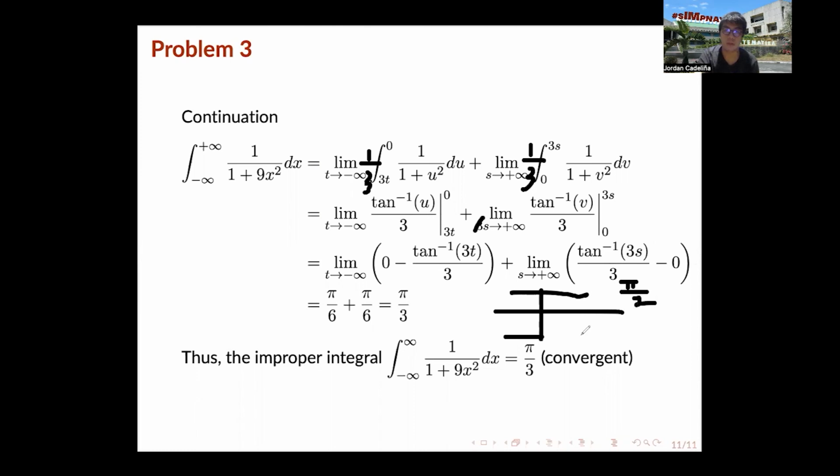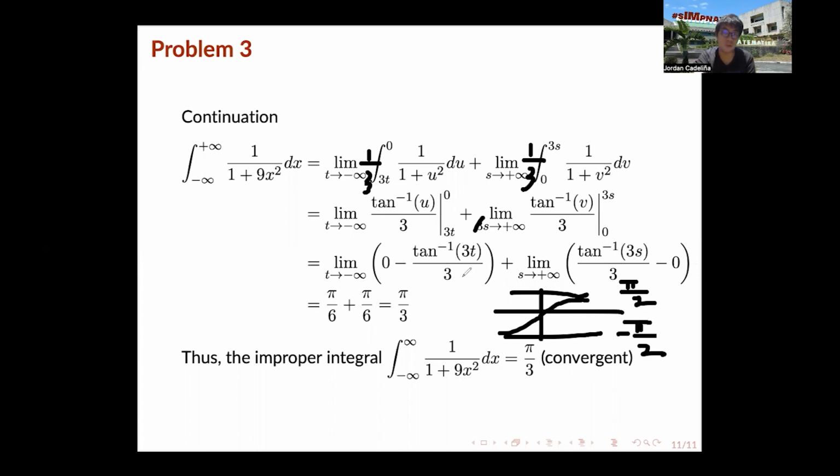And dito, another asymptote of negative pi over 2. Okay, so yan. Tapos yung itsura ng graph niya, parang ganyan na curve. Ito nag-approach lang siya, pero hindi siya natatouch ng pi over 2. Whereas dito din, sa part na to. Kaya sa negative infinity, yung limit nito is actually negative pi over 2.